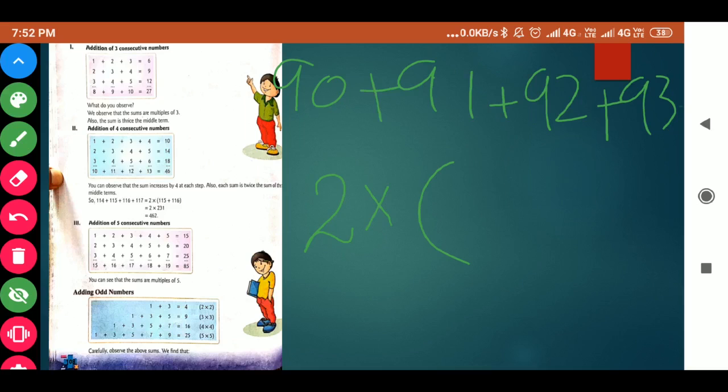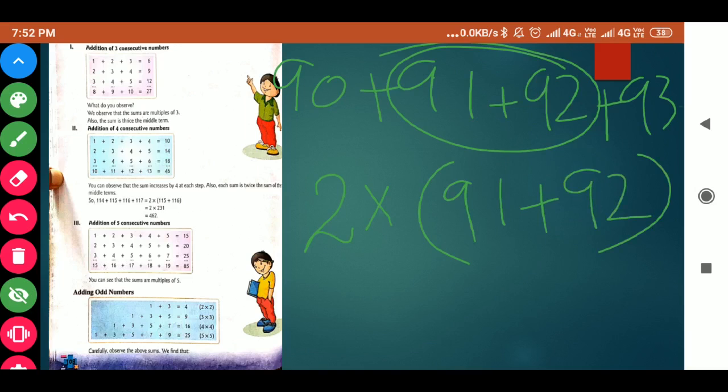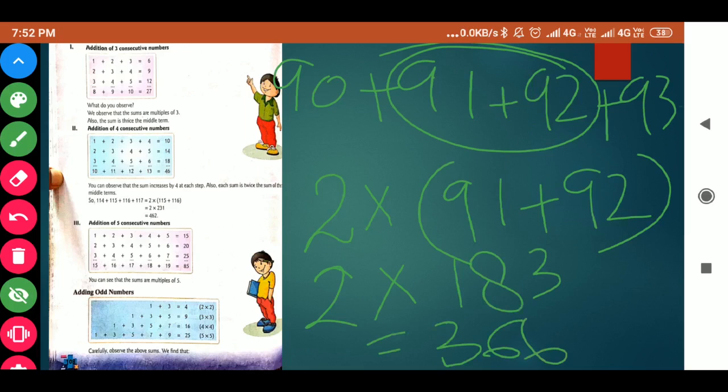Here the 2 middle terms are 91 and 92. So put the sum of 91 and 92. The answer will be 2 multiplied by the sum of 91 and 92, which is 183. And when you multiply it by 2, you will get the answer 366. So once you understand the rule, you can solve any question easily.